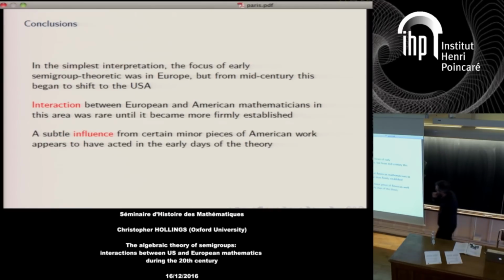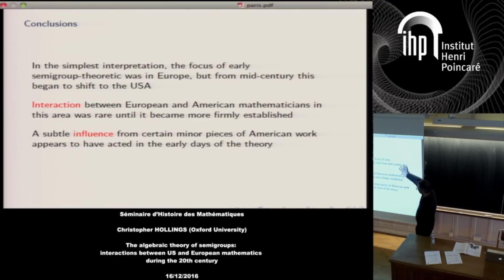And I just want to make a distinction between interaction and influence. So I think influence is a much broader thing, and certainly you see that. And I keep talking about a possible postulational influence on Šuškevič. So it's a more subtle thing. It's reading publications and possibly doing something based on them, whereas interaction, of course, is a more active thing.